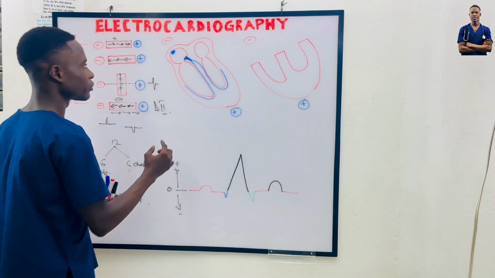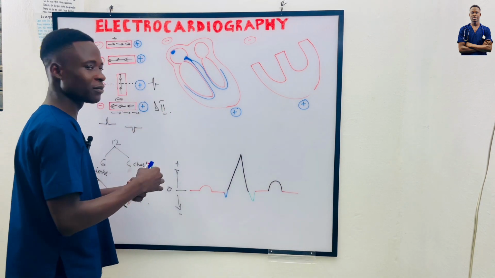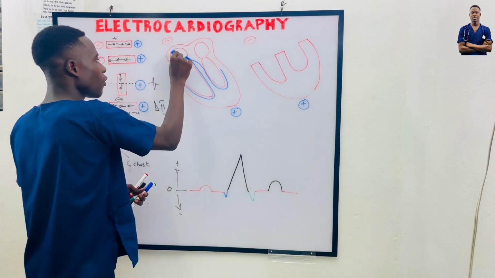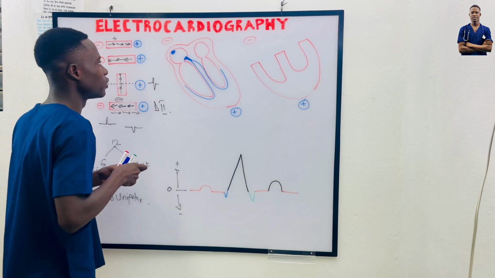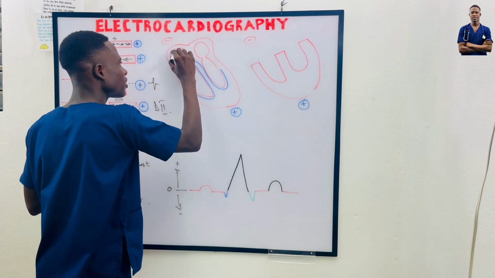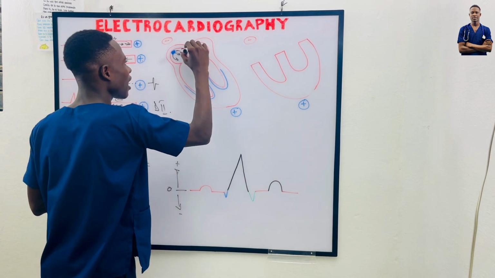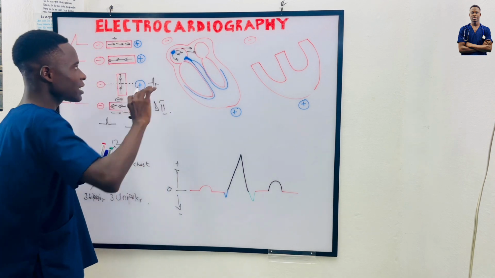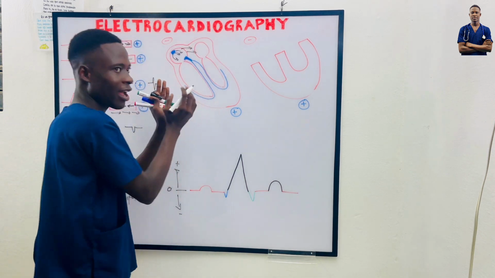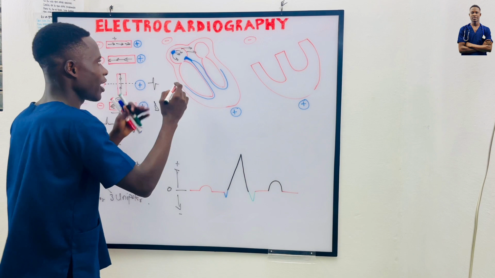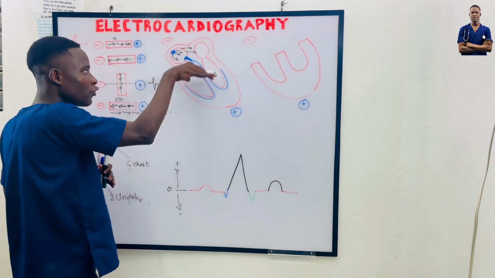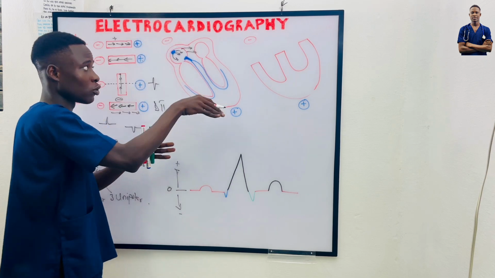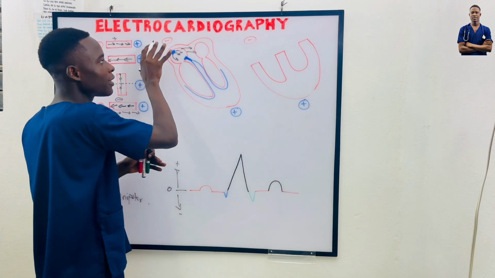Now, we generate the action potential from where? From the sinus node. When you generate the action potential from the sinus node, it is transmitted throughout the entire atria. So as the entire atria get depolarized, where is the movement? We generate it over here, and the movement is downwards.